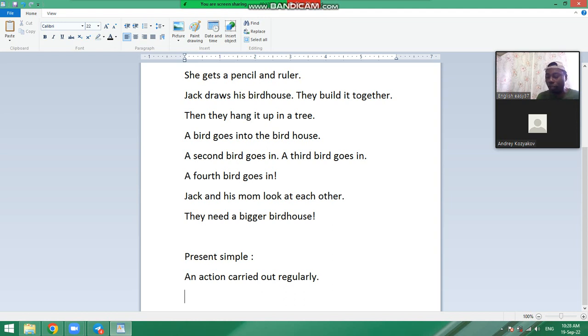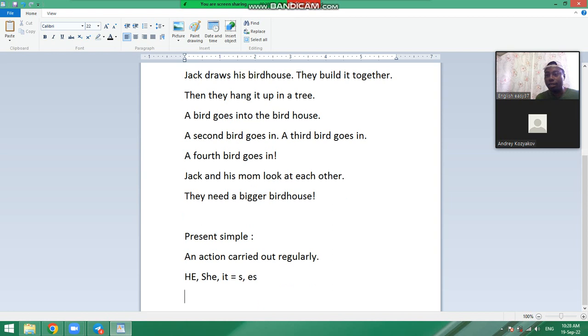If we have the pronoun he or she or it, we add the endings s or es to the verb in the sentence. And don't forget, he, she, it, they are called pronouns.